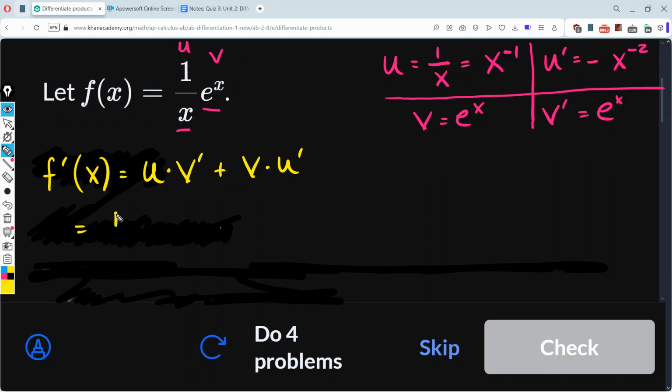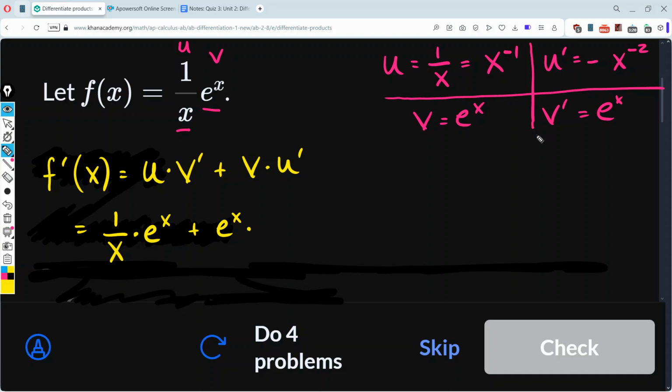over x. All right, generally for the multiple choice problems, they don't have negative exponents, just so you know. And that's going to be times v prime, that's e to the x, plus v, which is e to the x, times u prime, which is negative x to the negative 2.